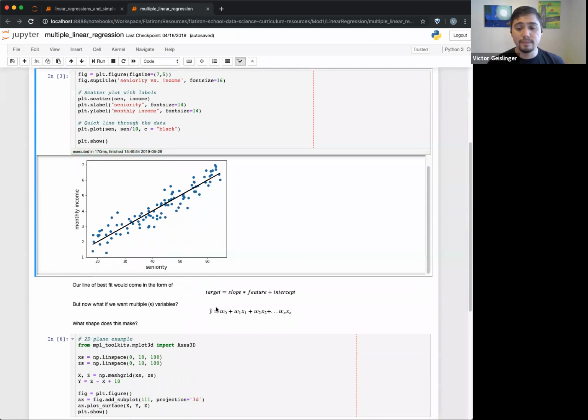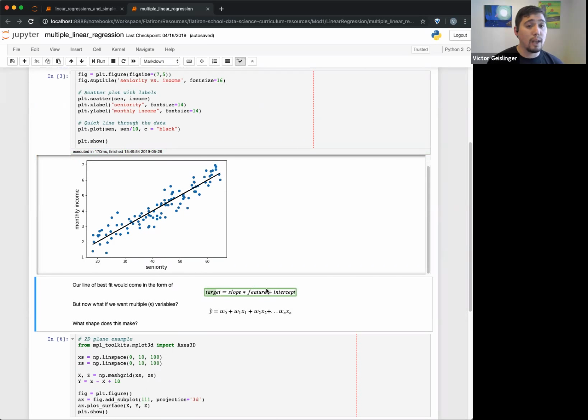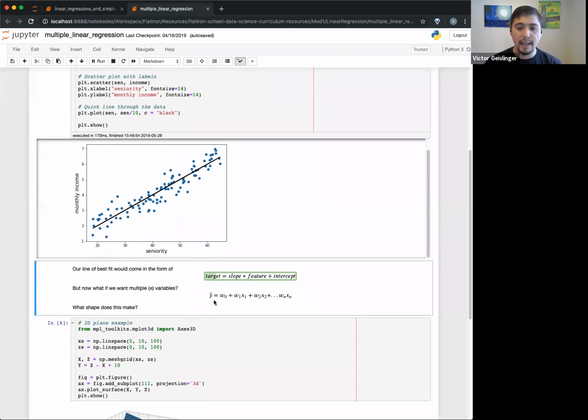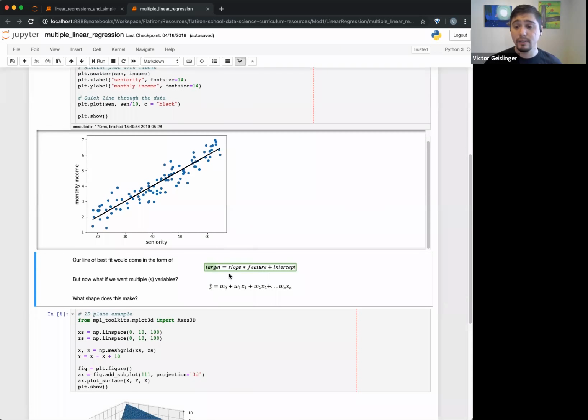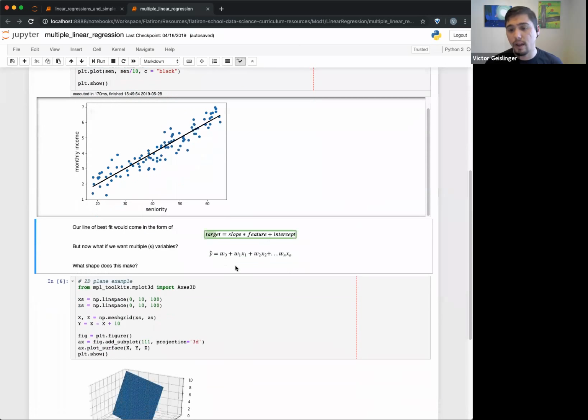So again, our target is equal to our slope times feature plus intercept, or y equals mx plus b, or w0 plus w1 times x. That's the idea there. Note that we had this w0 plus w1 times x1, and there's no reason why we couldn't add more features.